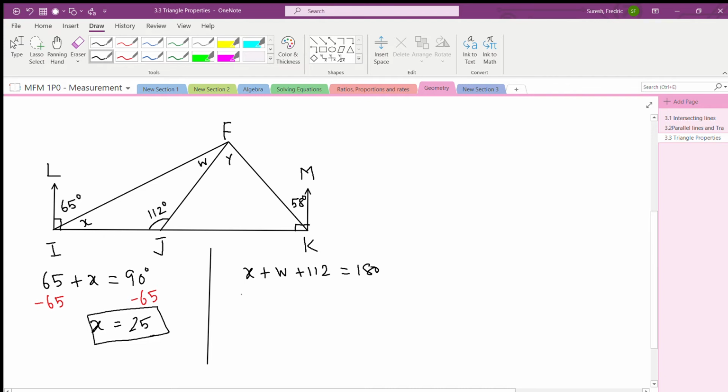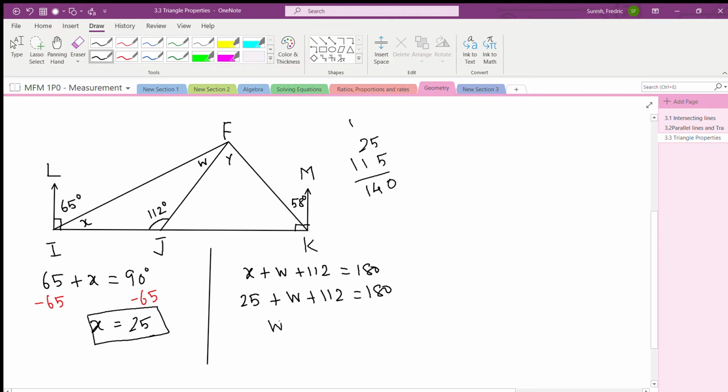So we know that x is 25, and there is a W, and there is a 112, and they add up to 180. So what we do now is add the 25 and the 112. 25 plus 112: 5 plus 2 is 7, 2 plus 1 is 3, and there's 137.